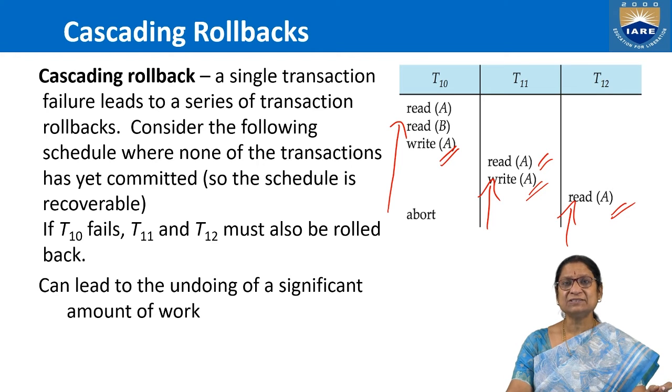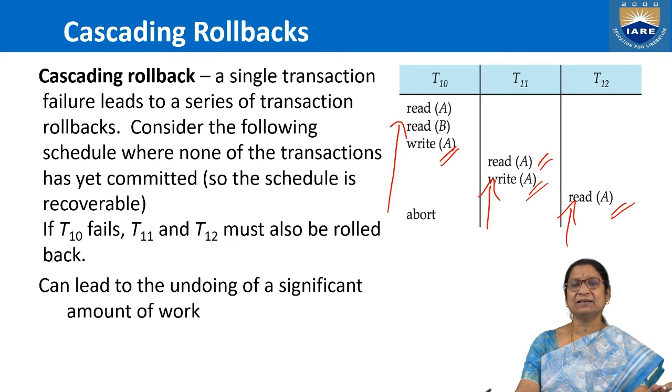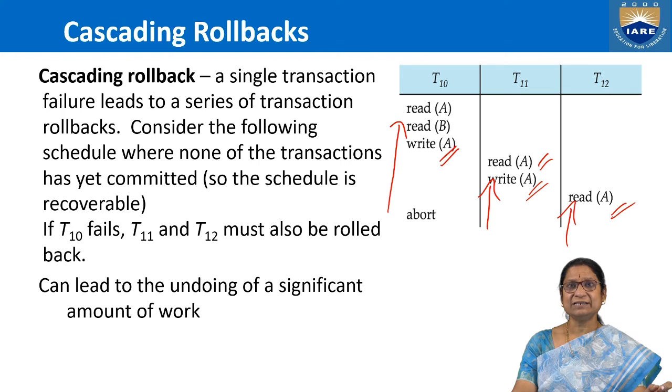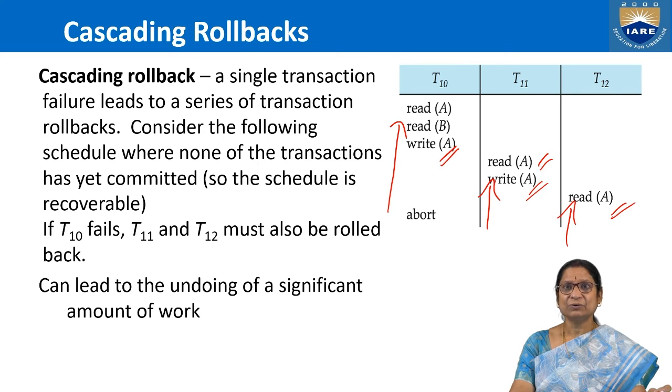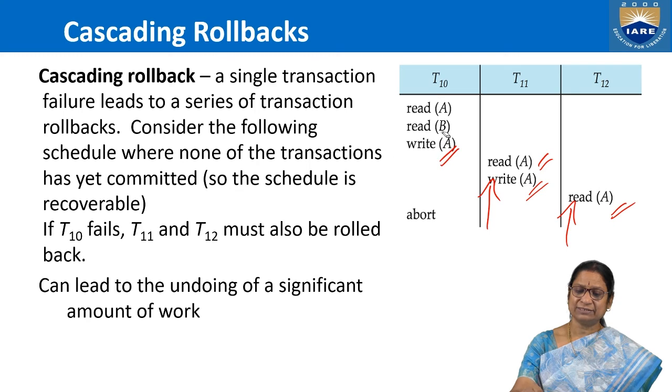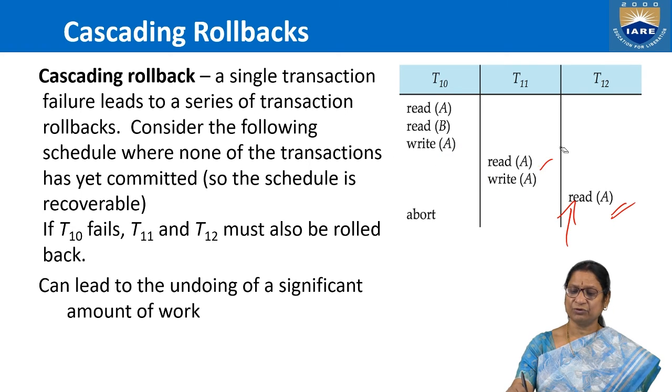Because of a single transaction failure, a series of transactions need to be rolled back to maintain our database consistency. Such rollbacks are known as cascading rollbacks actually.